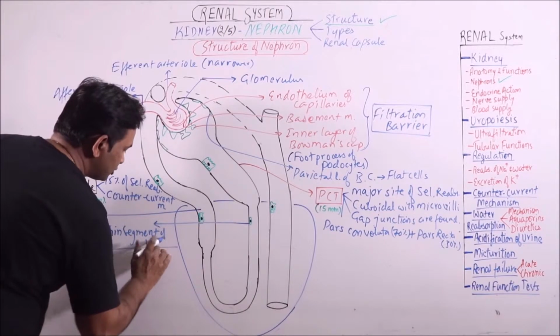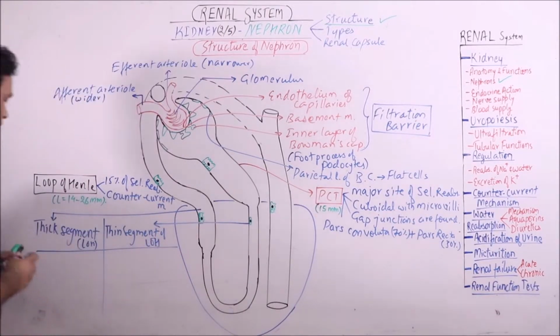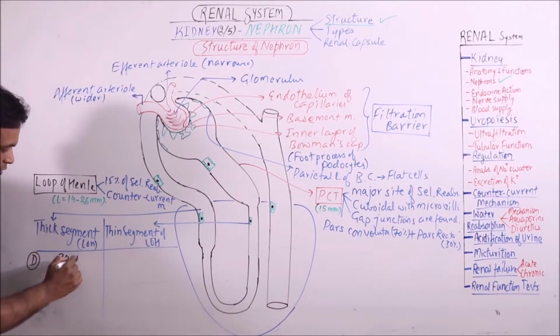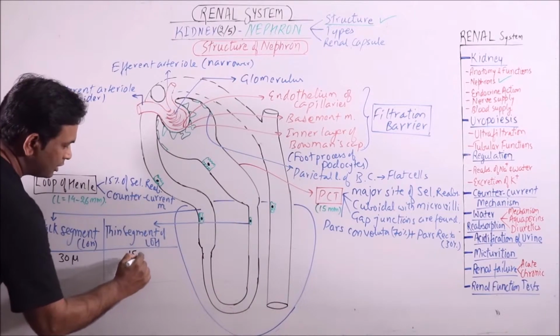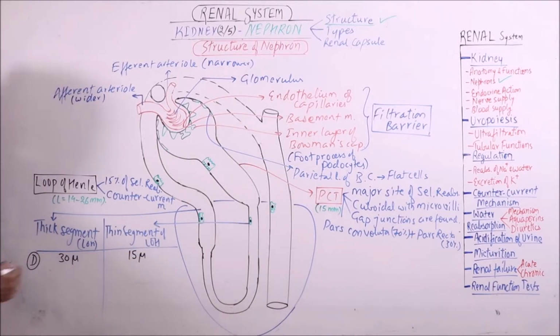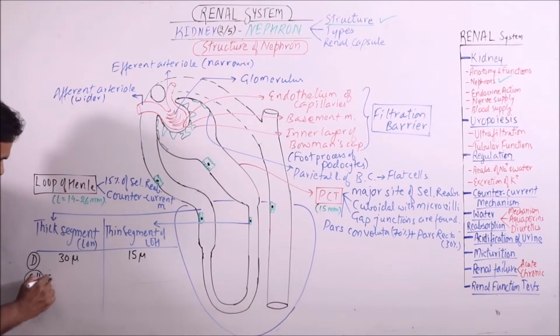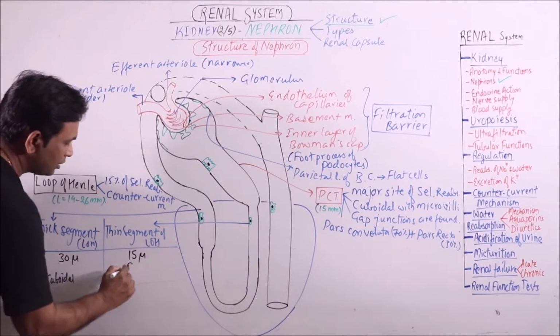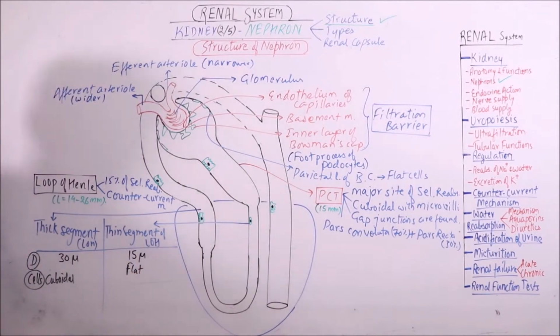Now we will compare these two segments. If we take the diameter, then diameter is 30 micron. Here the diameter is 15 micron. The cells are cuboidal type. Here the cells are flat.